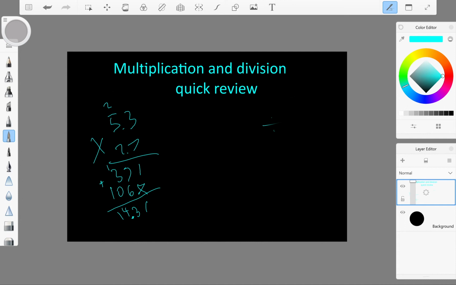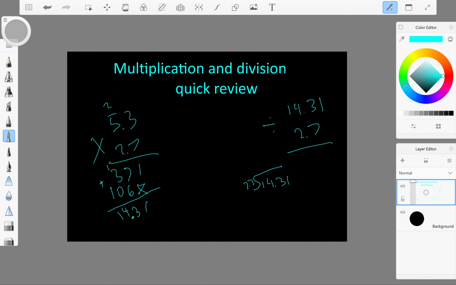So yeah. And then if we're going to divide 14.31 by 2.7, the bottom number always goes on the left of the little umbrella thing.